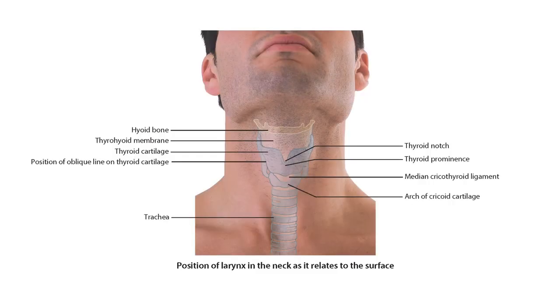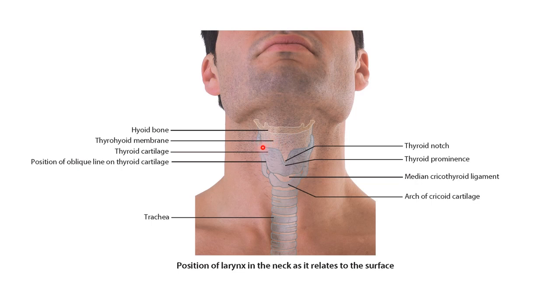So this would be the surface anatomy of the voice box. You have here the hyoid bone, which is a floating bone in the neck. And there is a membrane that connects from the thyroid cartilage to the hyoid bone, and this is your thyrohyoid membrane.